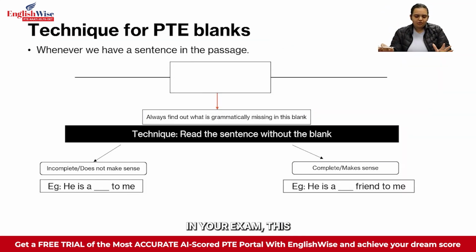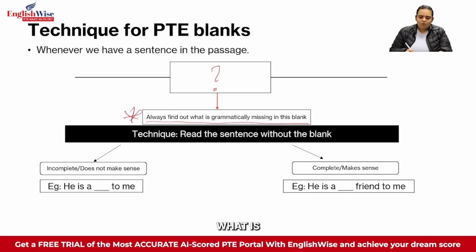Whenever you go in your exam, this is how your question generally looks. We have a sentence in the passage and the sentence has a blank in it. Now you have to find out what is grammatically missing in this blank. So is the blank missing an adverb? Is the blank missing a noun?